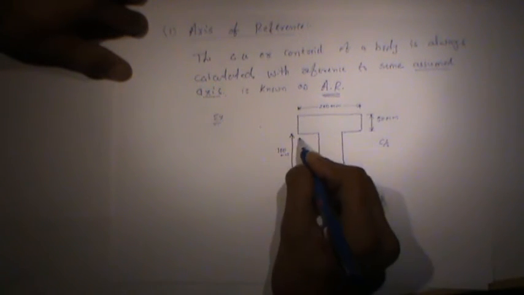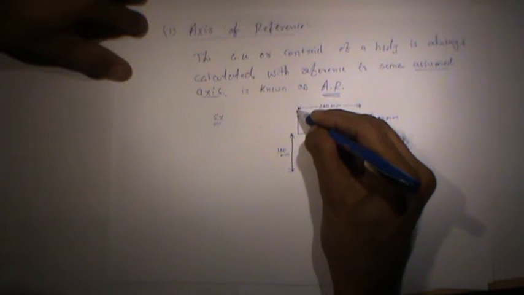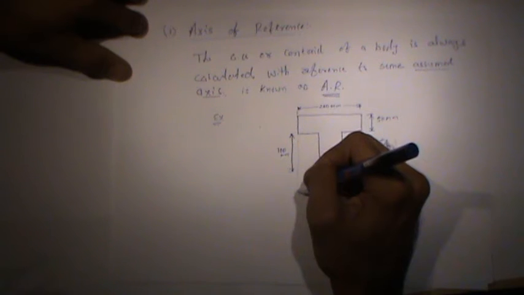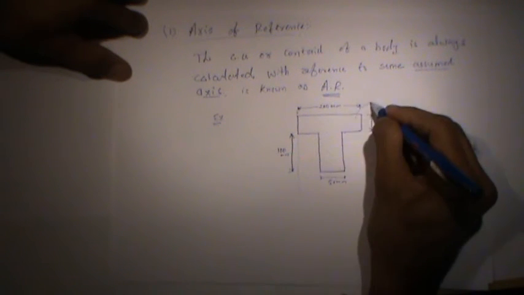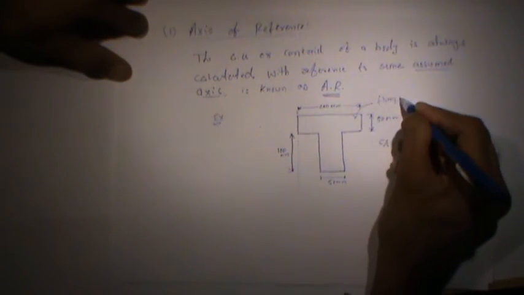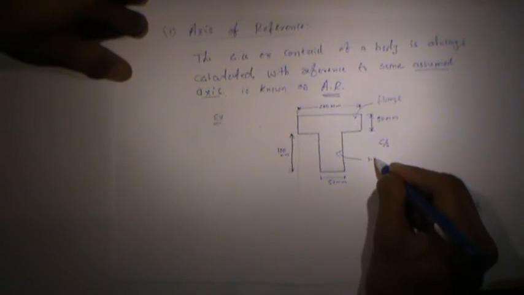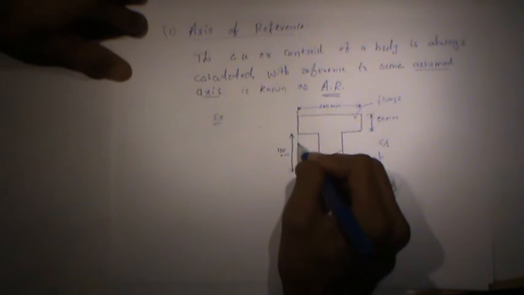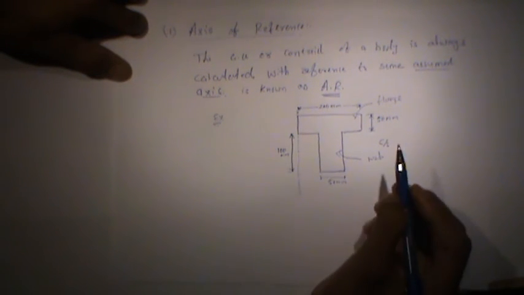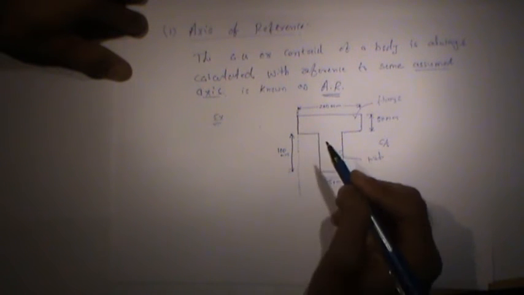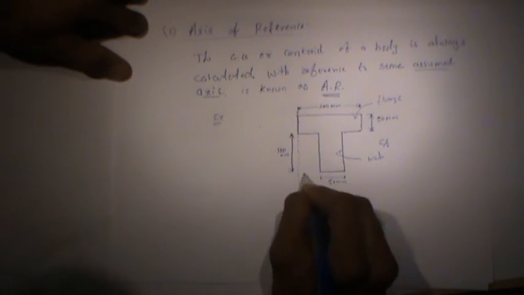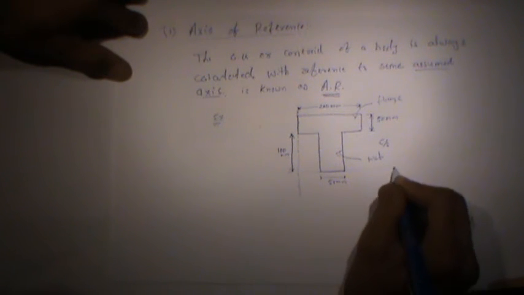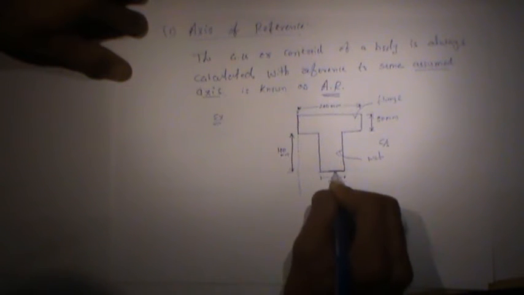In that case, suppose I have one vertical line passing through the vertical face of this flange. Actually friends, this is called the flange and this is called the web. Suppose I draw one vertical line passing through the vertical face of this flange as well as one horizontal line passing through the bottom of the web.